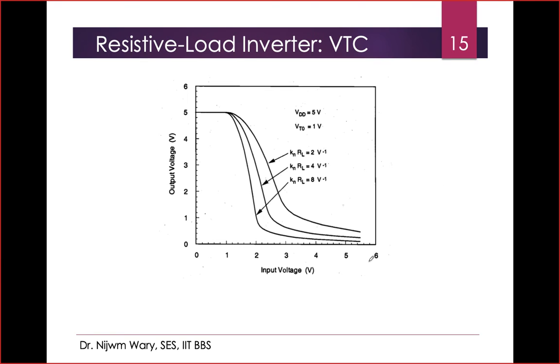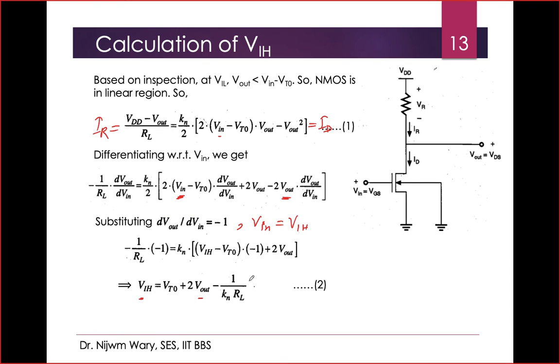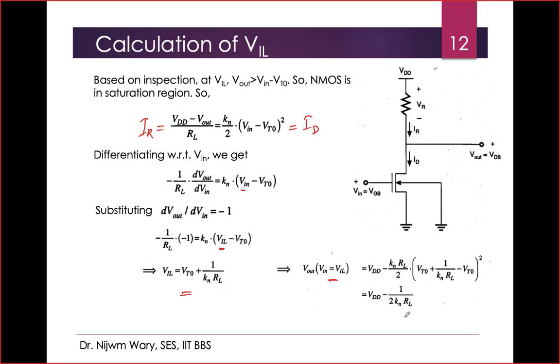Now if we try to plot the VTC of the resistive load inverter, we'll get this kind of plot for different values of KNRL. In most of the expressions of VIH and VIL, this KNRL comes into the picture multiple times.